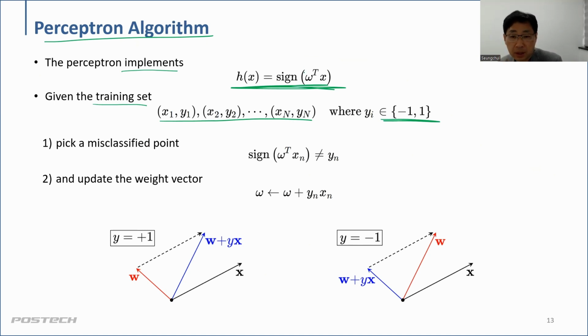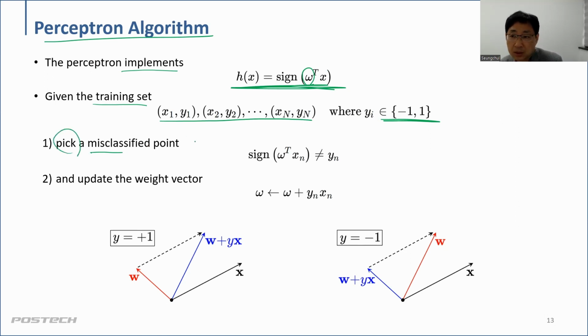Okay. And start from random omegas. We want to find the omegas, but we don't know them yet, so I'm going to randomly assign any values to omega. And of course it's not perfect, so we might have misclassified data points.